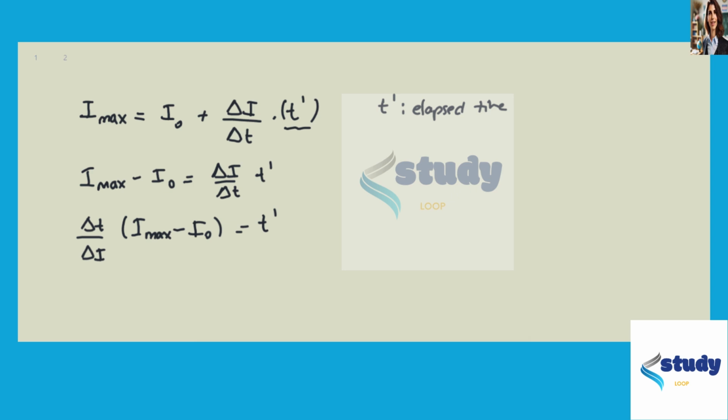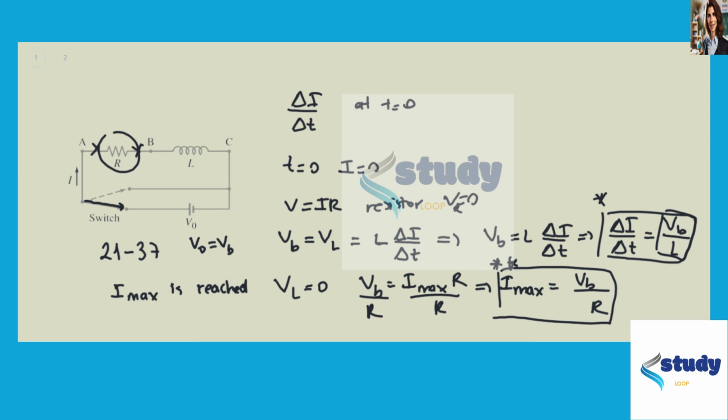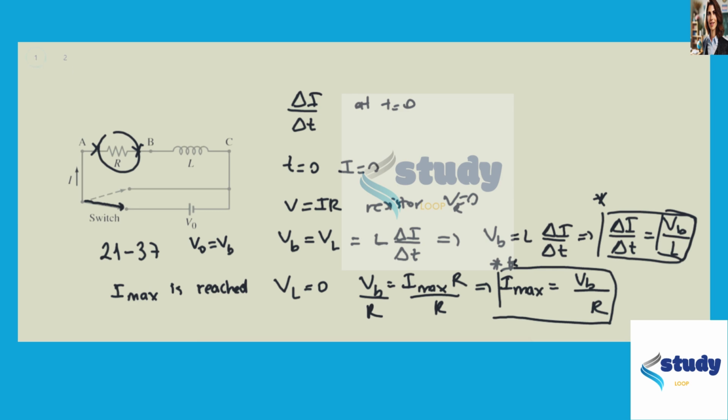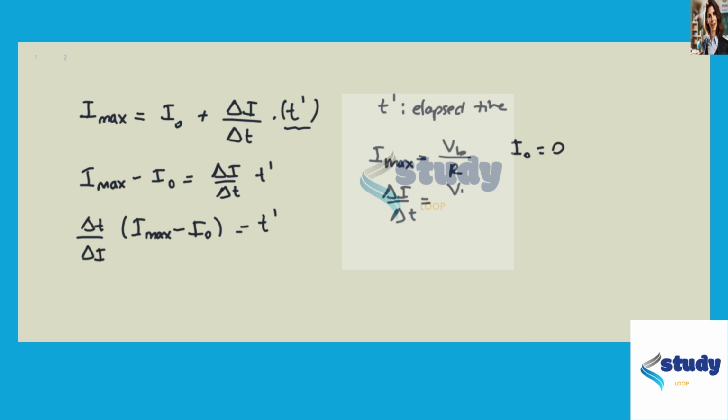Let's remember what we found I max to be: the potential across the battery divided by the resistance, V over R. And I naught, we said, was 0. And the ratio delta I over delta T we found to be the potential across the battery divided by the inductance. If we take the inverse, delta T over delta I is L over VB.